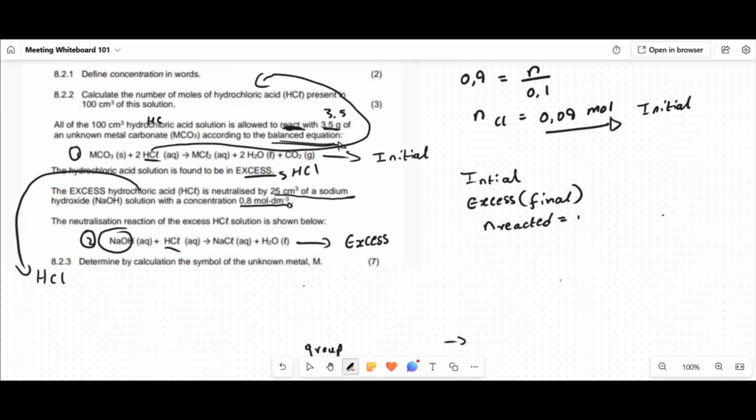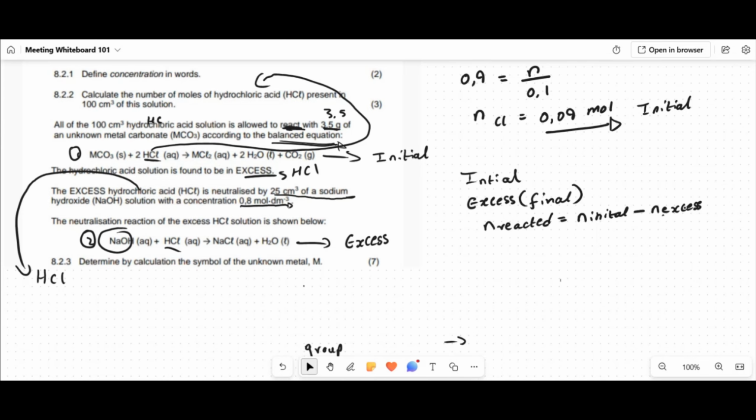We use the formula: number of moles that have reacted equals initial number of moles minus the excess number of moles. Or you can just say initial minus final, which is the change. Change is the reacted. It doesn't matter however way you interpret it, it's fine.